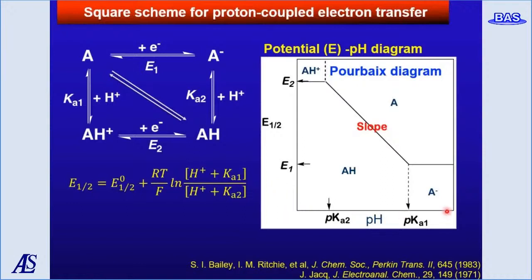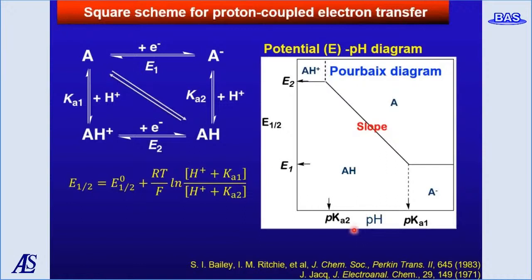In this figure, at the lower pH regions, the potential does not change with increasing pH, and then with further pH increase, the potential moves to the negative direction linearly. The inflection point here corresponds to pKa2.